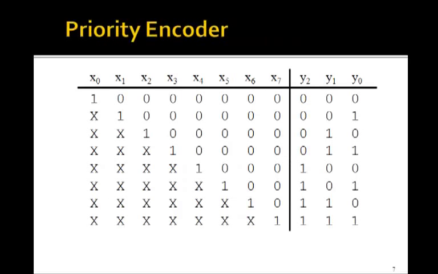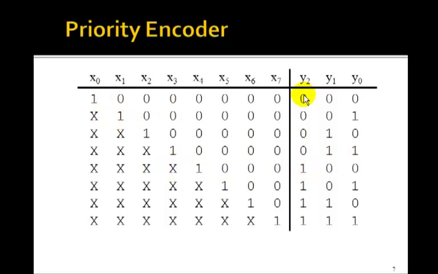Now, in general, we can have a priority encoder. That is, we can have more than one 1 on the input. But in that case, the one with the highest number has the highest priority. So for example, if x4 is 1, then we don't care if x3 to x1 could also be 1s. The output would still be 4.